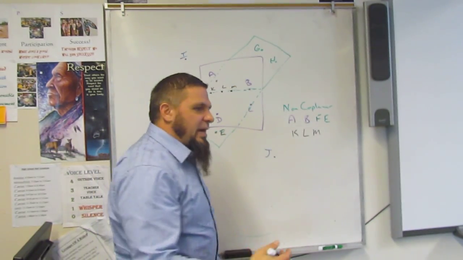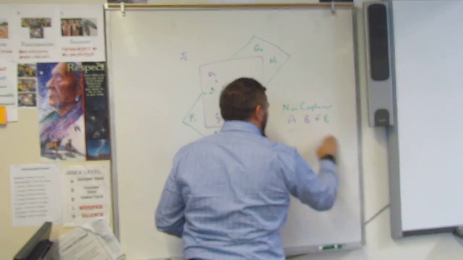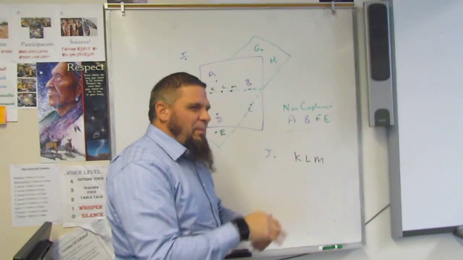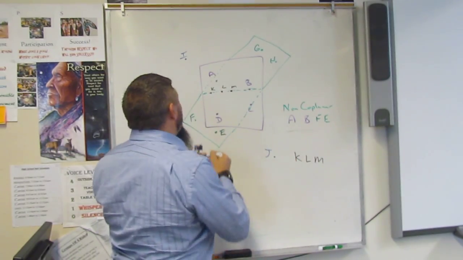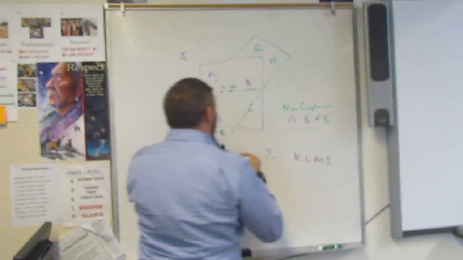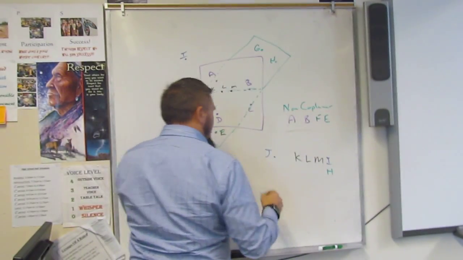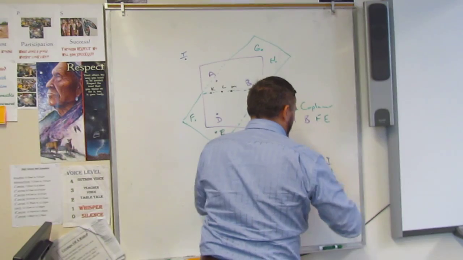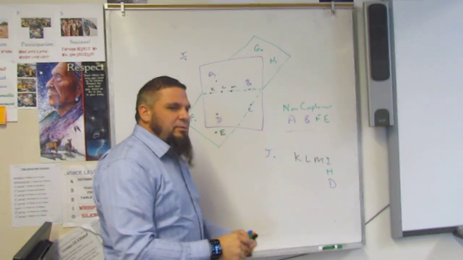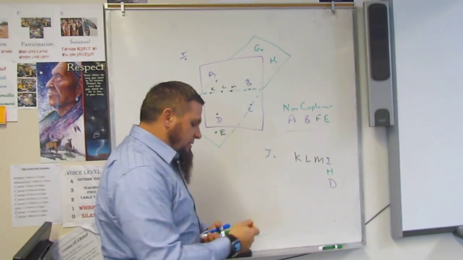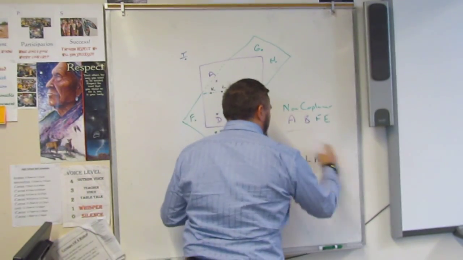And if I do that, no matter what point I put with K, L, and M, I could put H, I could put D. Whatever I do, no matter what, it's going to be coplanar. No matter what I do, this is coplanar.